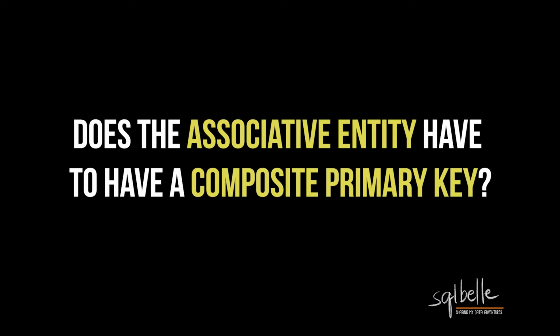The first one, does the associative entity have to have a composite primary key? And the answer is no. It's more of a design decision. When you're first starting to learn databases, in a lot of the books that you're reading or a lot of the resources that you come across, they're going to show the associative entity with a composite primary key.